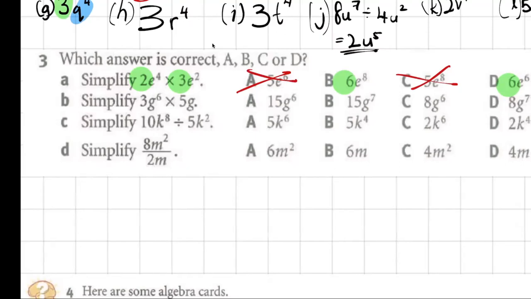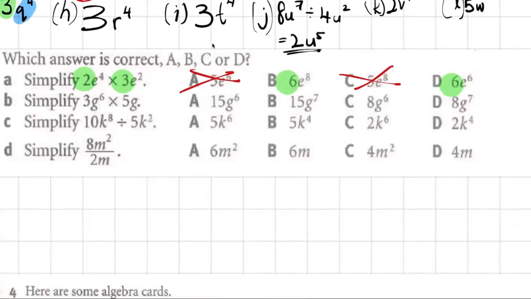Every time you have an objective question, a simple understanding will give you a 50% chance of getting it right. So now it's just either B or D. So 4 and 2. If you remember what to do with the power, which is adding them, 4 plus 2 is 6. So the answer is D.